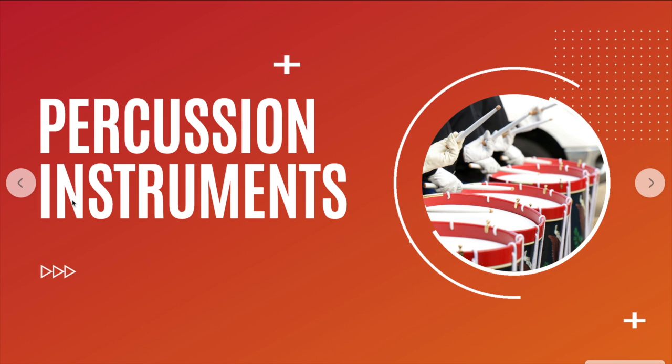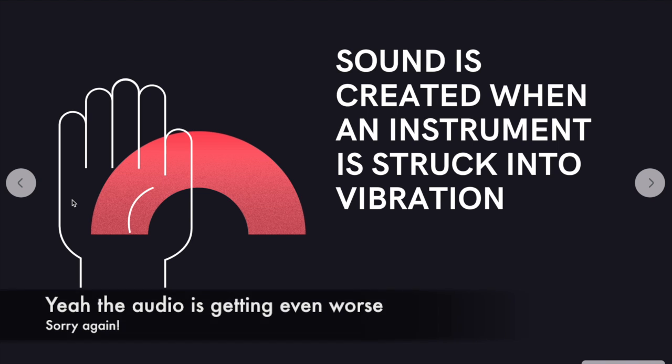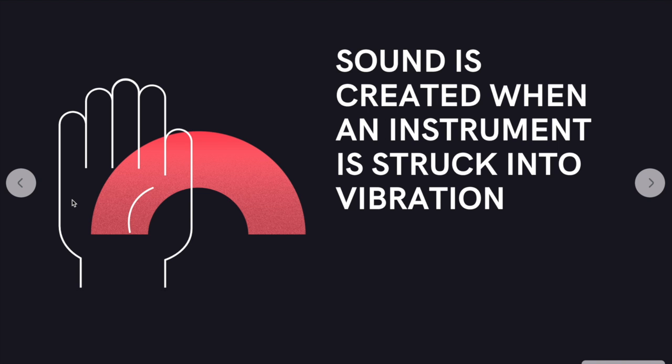Moving on into our percussion instruments. Sound is created for a percussion instrument when the instrument itself is struck into vibration. There has to be that contact. Something has to get hit. You can actually see with cymbals on a drum set, when they get hit, this is actually what happens to that cymbal.